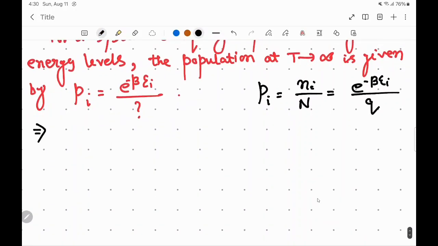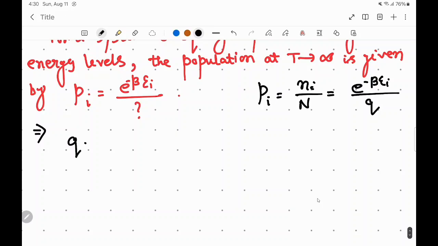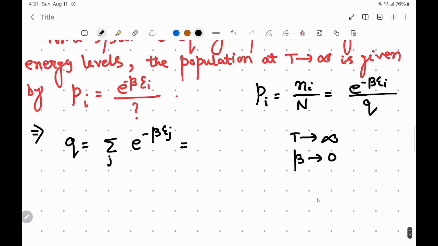So how can you calculate this Q? 1 plus e to the power minus beta epsilon 1, plus the sum over j of e to the power minus beta epsilon j. And there is no degeneracy, so gj equals 1 for all, so we can ignore that. So when T tends to infinity, beta tends to essentially 0. So e to the power zero means 1.